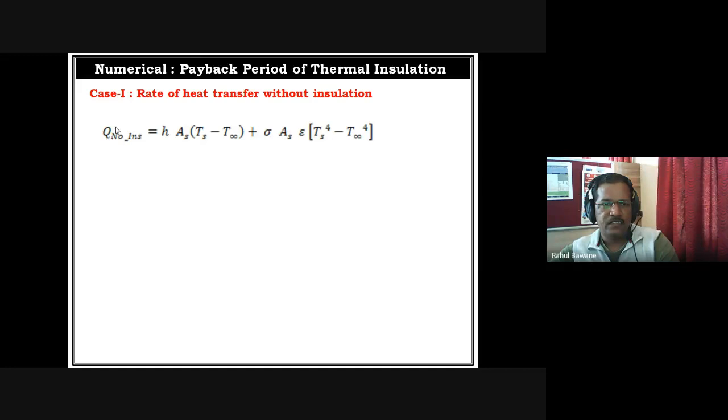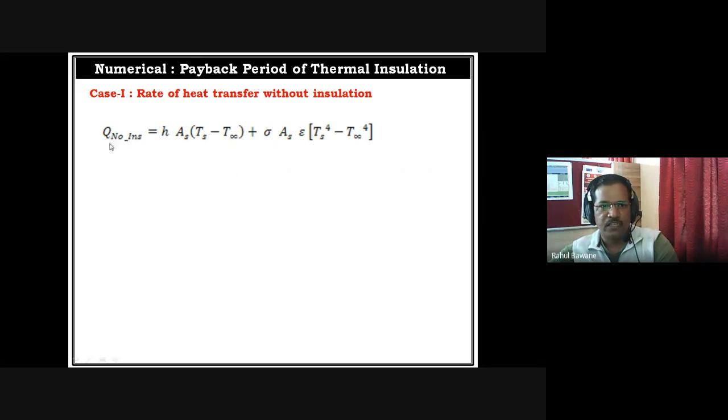In that case, Q when there is no insulation: the surrounding air will come in contact with the outer surface of the pipe and carry away heat by convection, and there is an emissivity given, which means some part of heat is directly radiated from the pipe surface. So we have to add both the convection part as well as the radiation part.